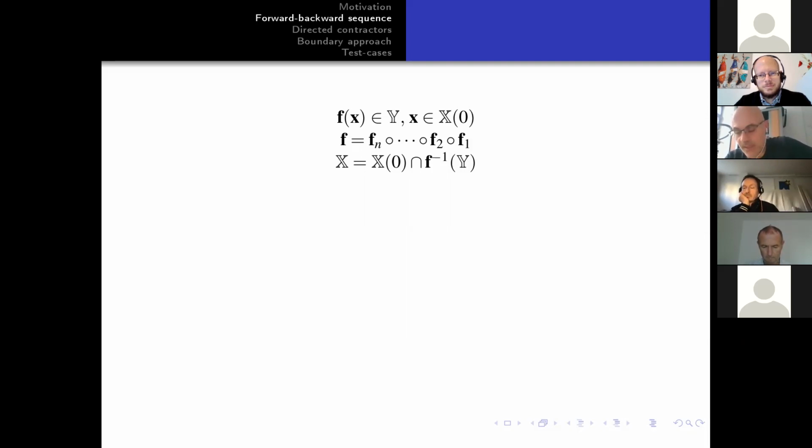Yes. So in this talk, I did not discuss too much about the application, but when we deal with a classical set inversion problem, it is an inverse problem.